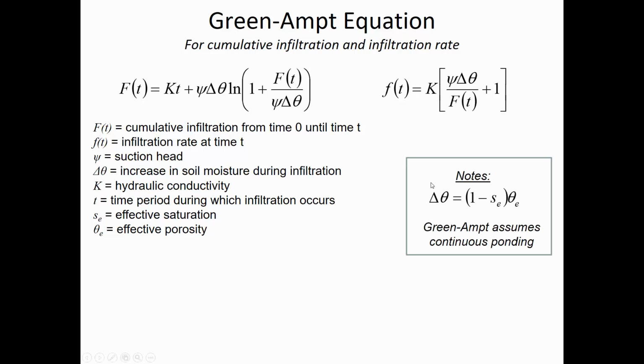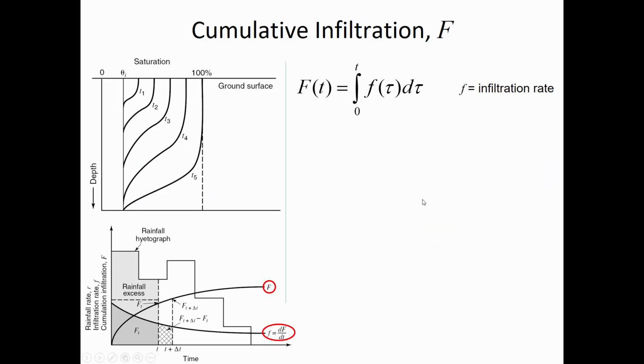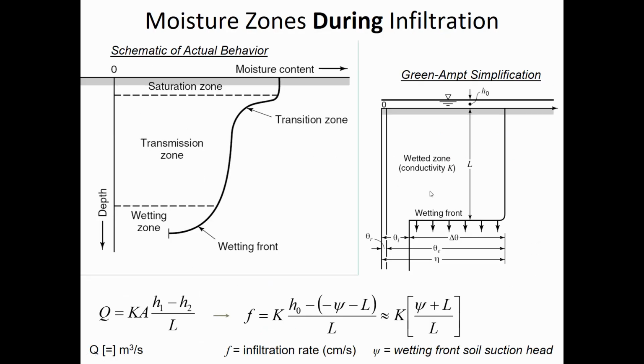Now remember the increase in moisture content. If we look at it from a graphical perspective, the initial moisture content is just this theta sub i, and then saturation is where the moisture content is equal to porosity.